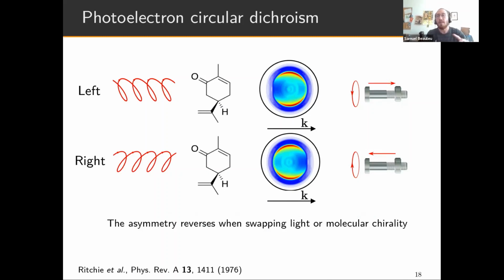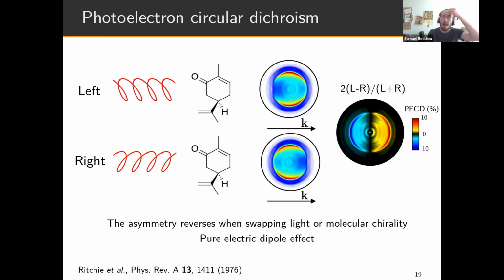If we then reverse the handedness of the light or the chirality of the molecule, this forward-backward asymmetry will reverse because of basic symmetry considerations. In our simple mechanical analogy, this would just correspond to changing the linear displacement of the nut upon changing the rotation direction. This effect we are all aware of.